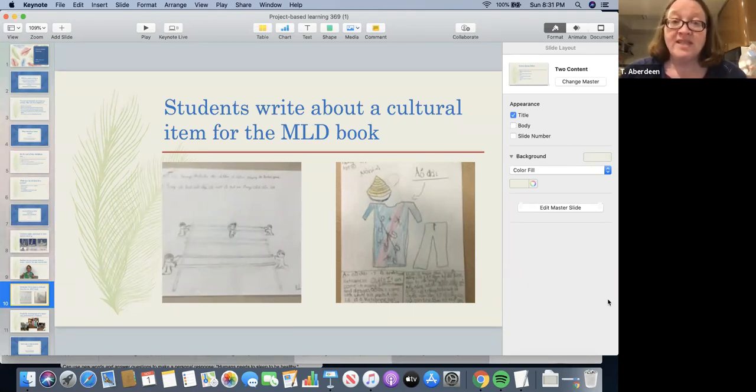One child chose this game with the slapping of the bamboo, and the other one was traditional clothes, and they have to write about what those things are in English and in Vietnamese, and then all of the pages get compiled along with the Filipino school, the Chinese school, the Ukrainian school, and they all get stuck together and they make a beautiful book that we pass out to students. So my question is, is this a project or an activity?